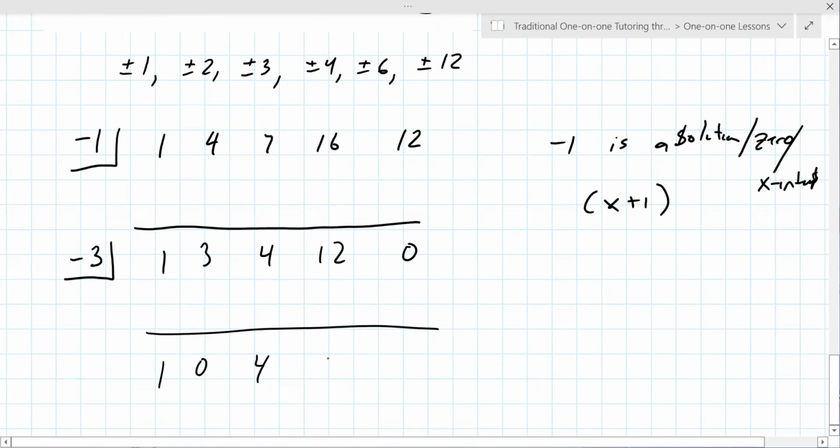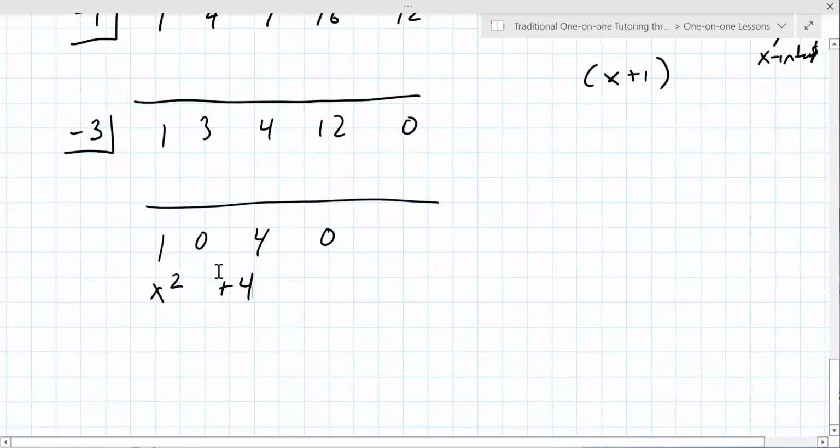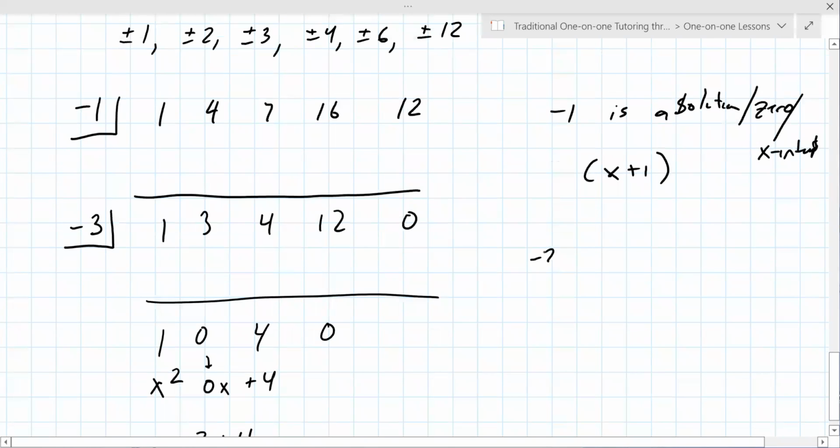You get your zero. This becomes x squared plus 4 in the last spot because it's really 0x in the middle. So it's really 0x plus 4, but you don't write it. You just write x squared plus 4. But again, -3 is a solution, which means 0, which means x-intercept. And that corresponds to x plus 3.